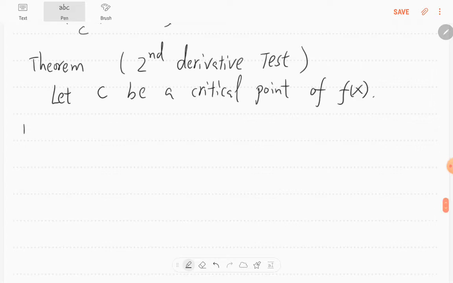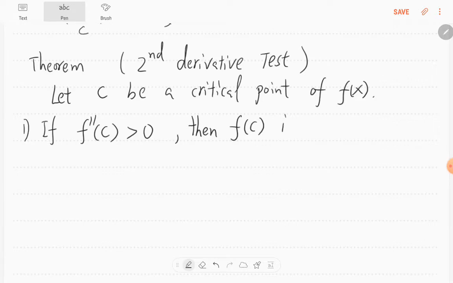Then, 1. If the second derivative at c is positive, so that means concave up nearby, then the function value at c is a local minimum.